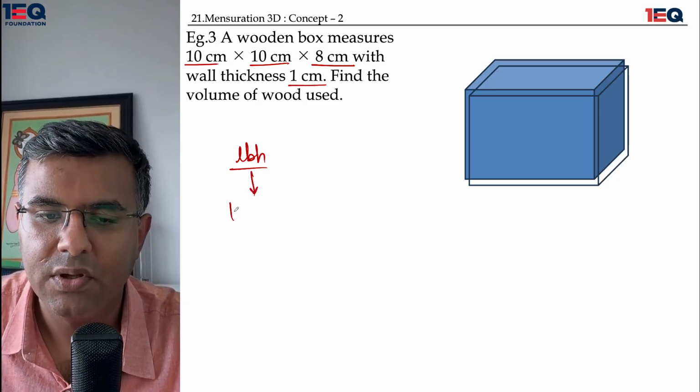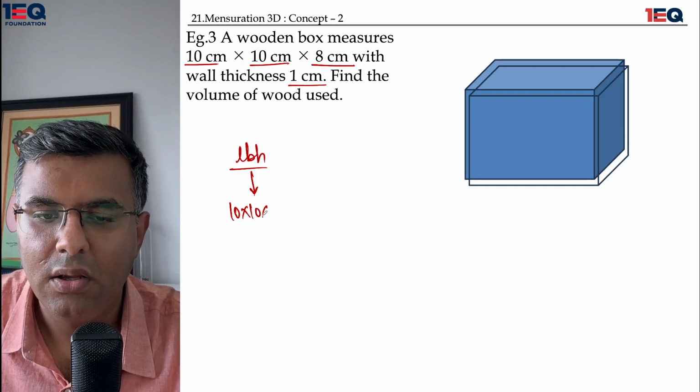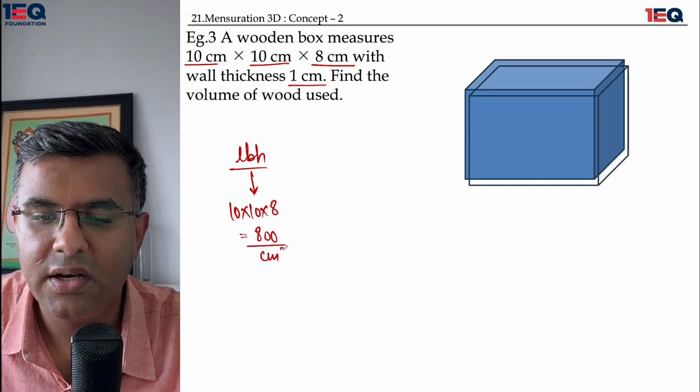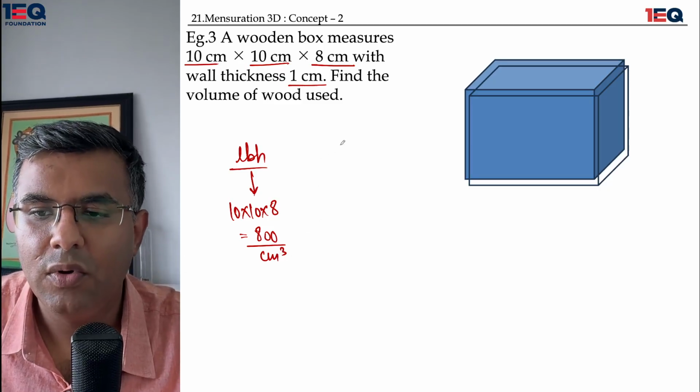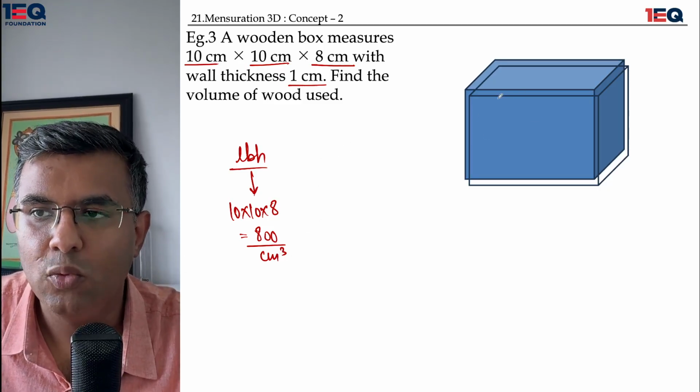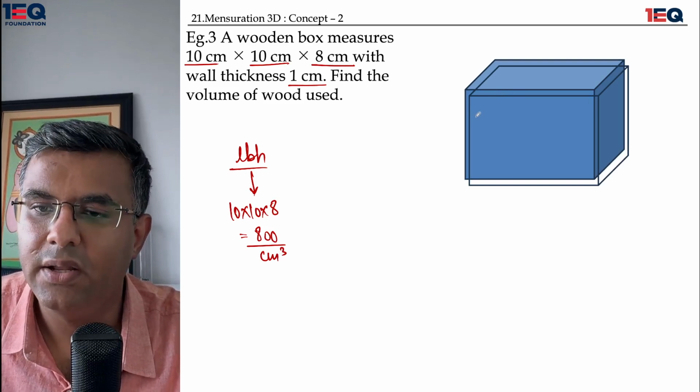So that would be 10 into 10 into 8, which is equal to 800 centimeter cube. Now I'll figure out the volume of the cuboid which is on the inside.